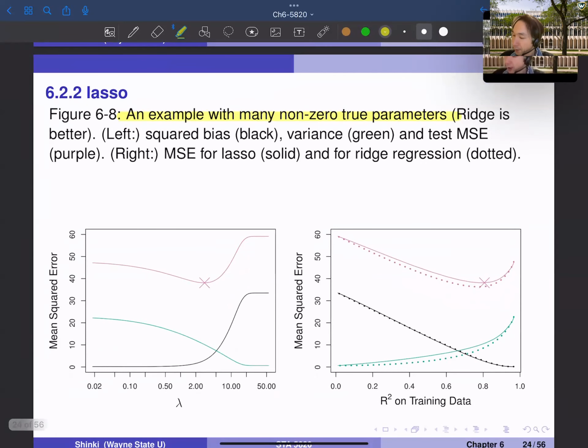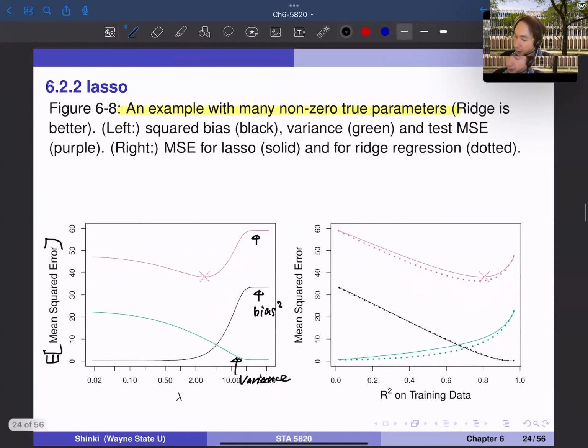The left-hand side is just a conceptual graph, and the right is a simulation study. We can decompose the entire expected error size into the bias and variance. This is the squared bias, and this is the variance.